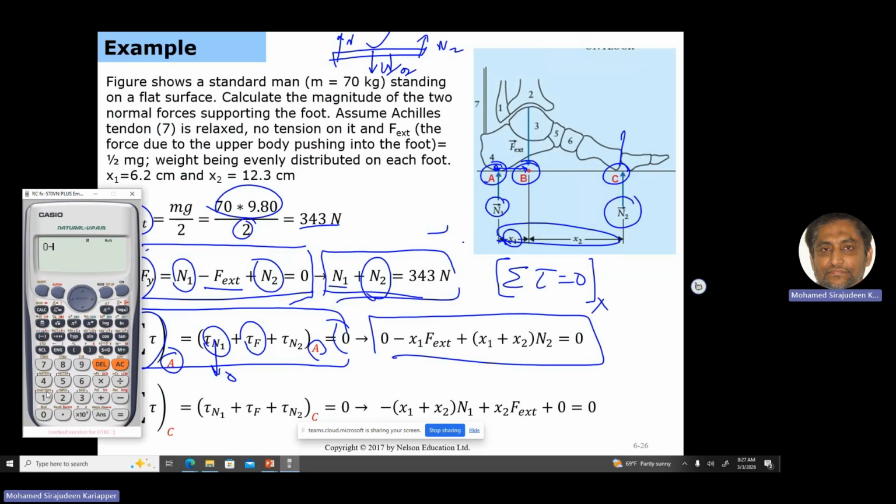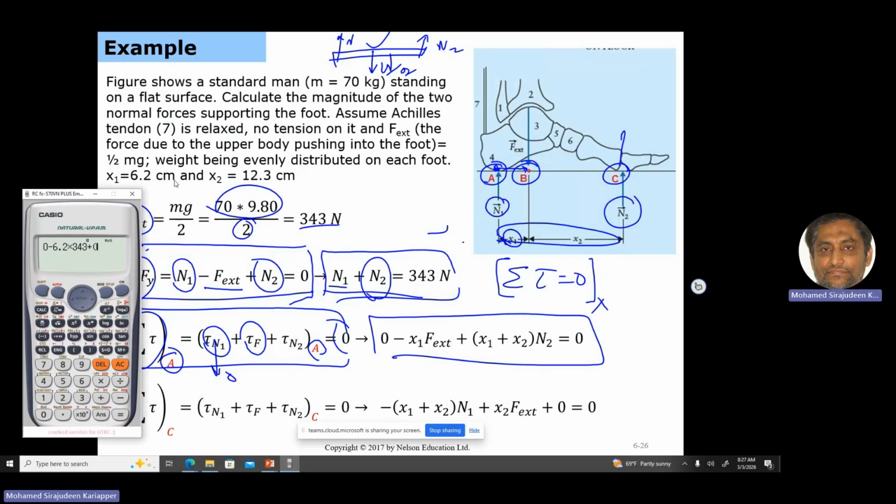So I will write 6.2 multiplied by the external force, which is 343. Then you have plus, then I will start the left parenthesis.